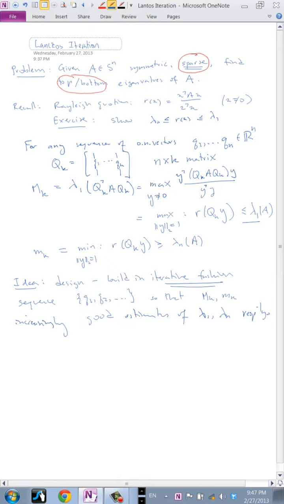Okay, so let's see how we can do this. If I have q1 all the way up to qk, then what should be my qk plus 1 in order to improve both capital MK and little mk? So this is the challenge.